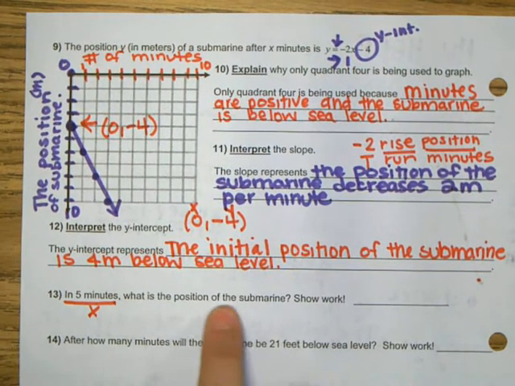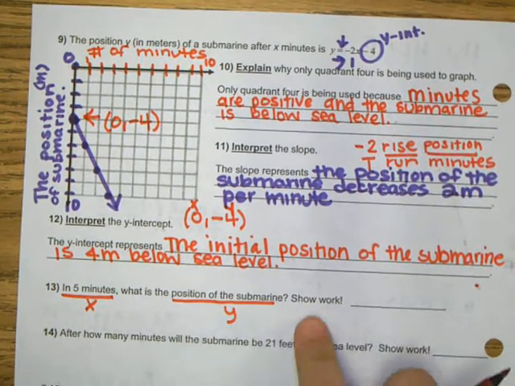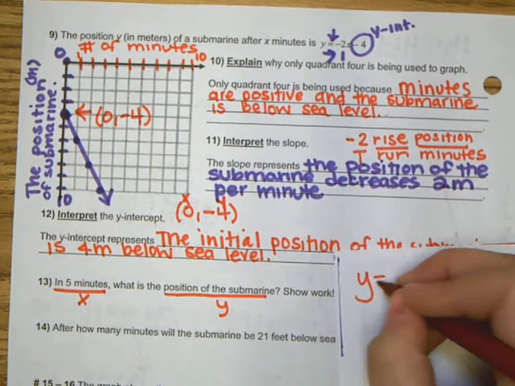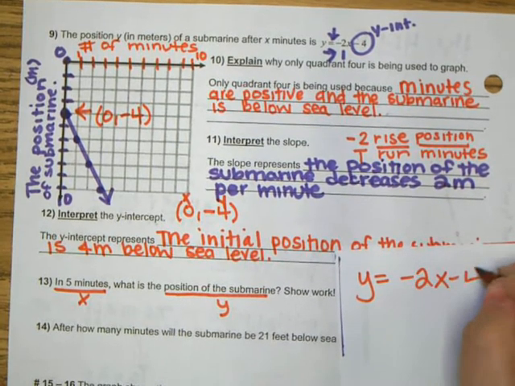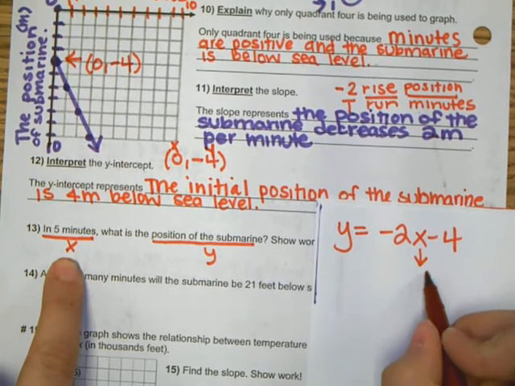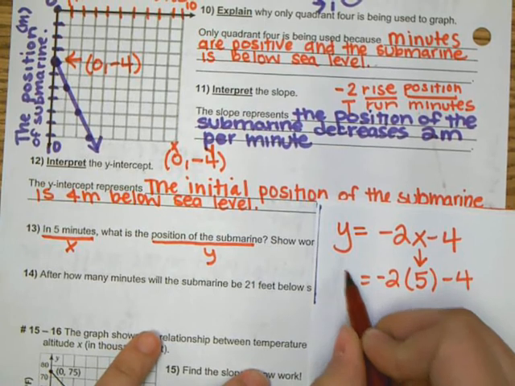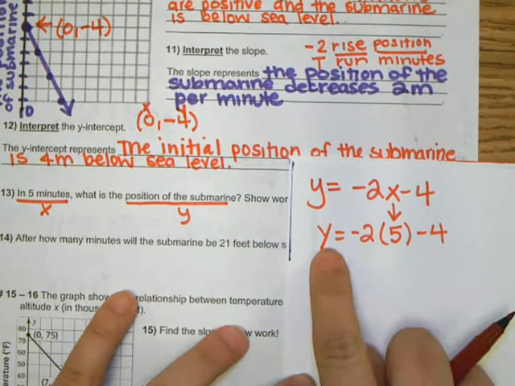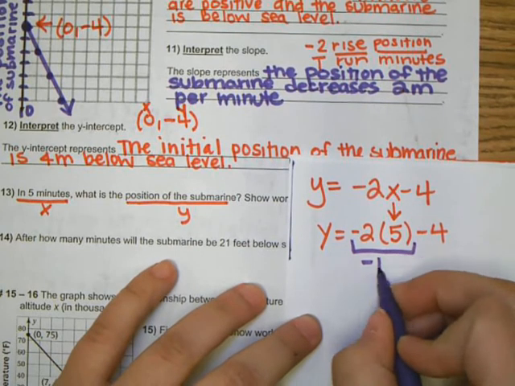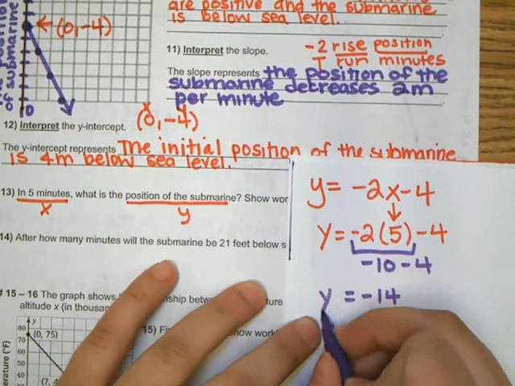Okay, then we're asked in 5 minutes, so minutes is the x, the time is x. What is the position of the submarine? So the position of the submarine is y. So we're going to take the equation y equals -2x minus 4, and we want to know in 5 minutes, so that's x, where the submarine will be, which is y.